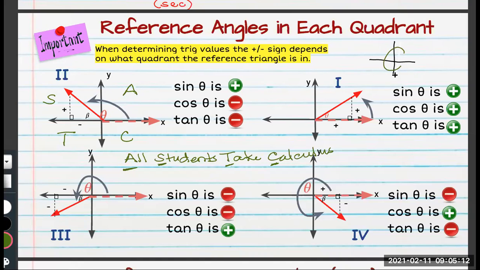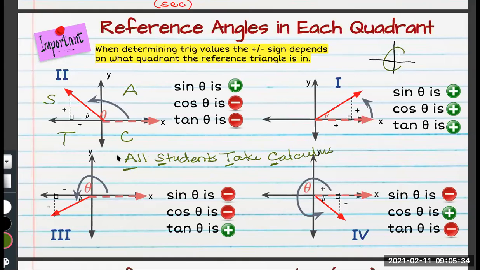And usually the best way to remember the signs of the functions in each of the quadrants would be "All Students Take Calculus," meaning in the first quadrant, A stands for all, okay?